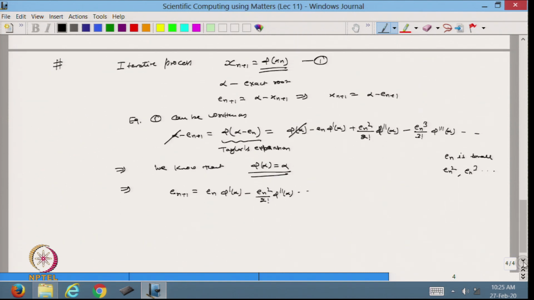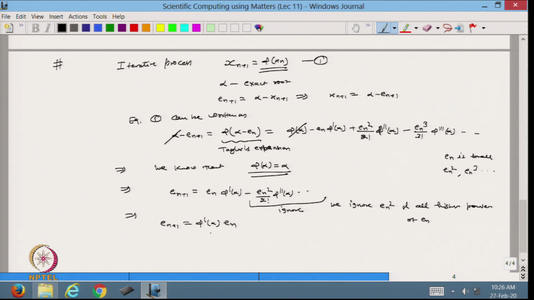Based on the value of E n we ignore E n square and all higher powers of E n. So, I ignore these values and all the values after that. So, I can write E n plus 1 is equal to phi dash alpha E n. So, that is my iterative process.